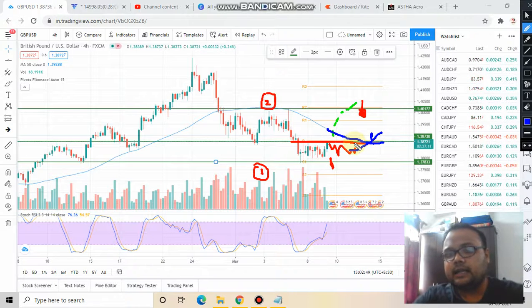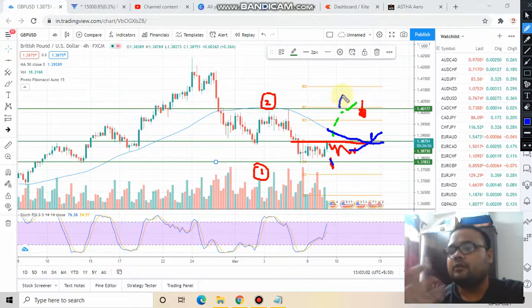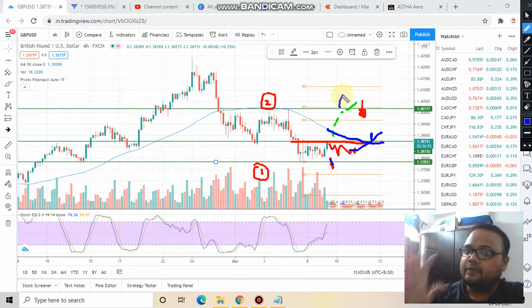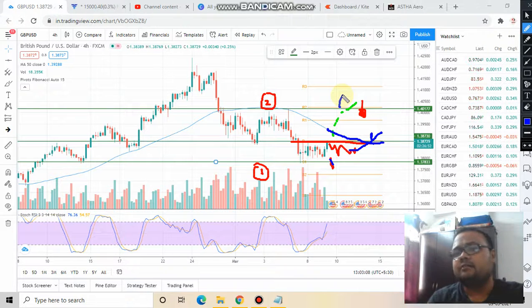So these are the strategies for today. The first is, if market crosses this level with good volume, short the market. Secondly, if market goes up suddenly, reaches this level and it crosses this level, wait for 1 hour at least, and if still market trades comfortably above the level, buy.